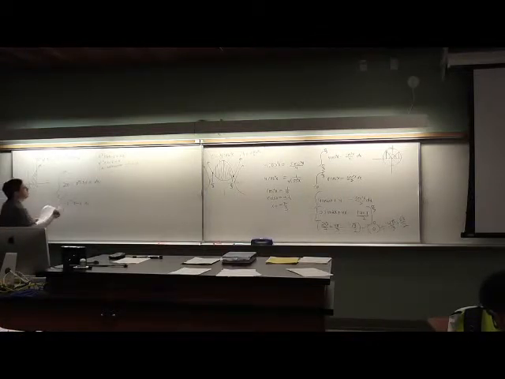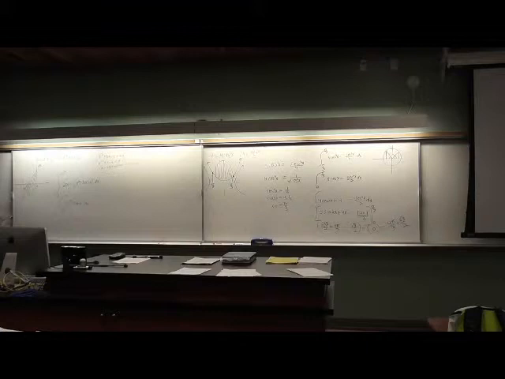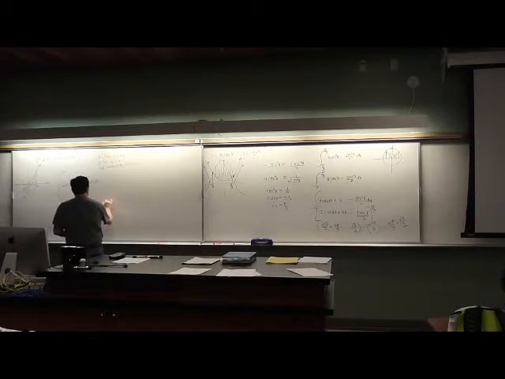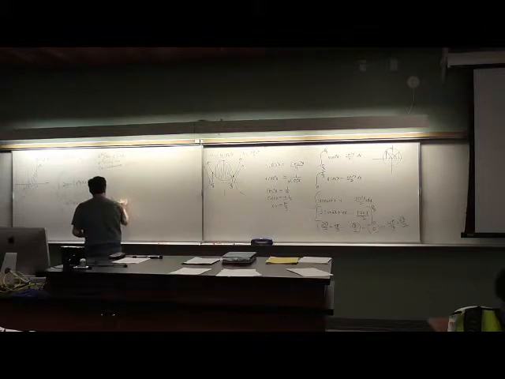Except I'm wrong, because this is minus, so this becomes plus. No, that's not going to do. This was plus. Okay. So, again, here we have this problem of being very careful.